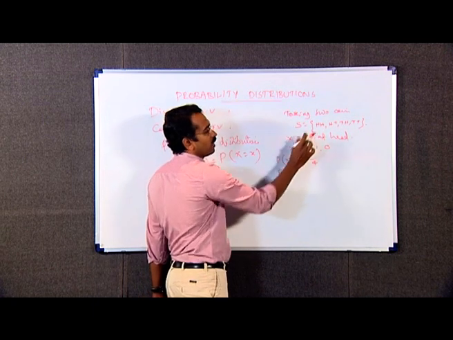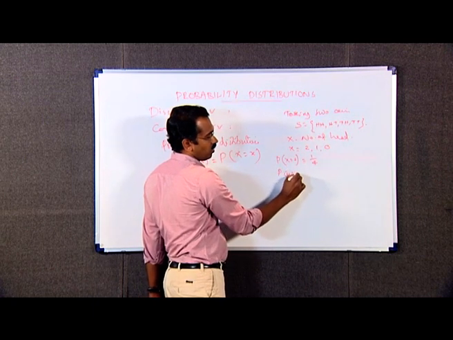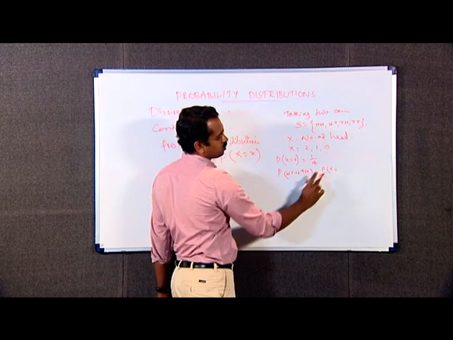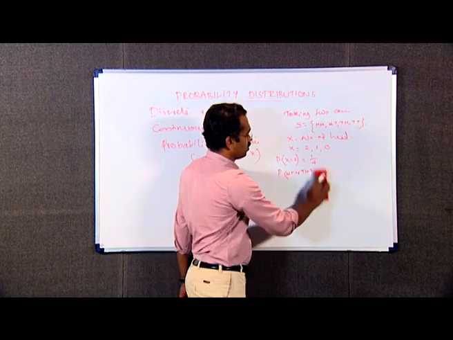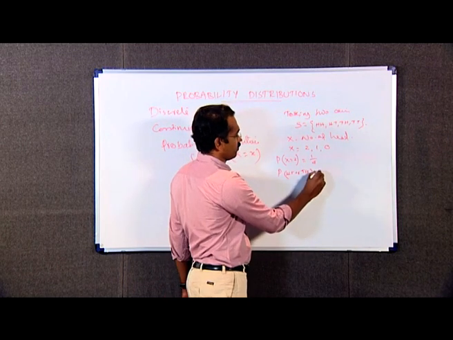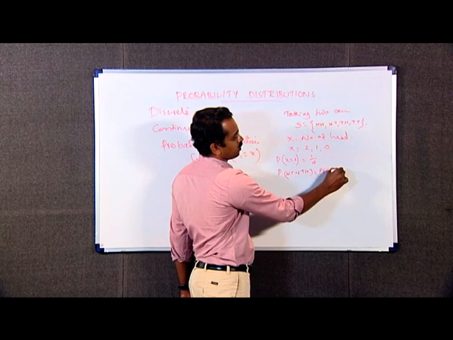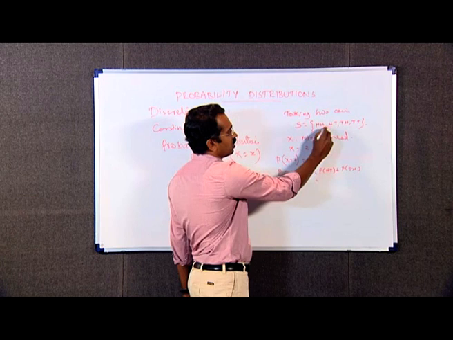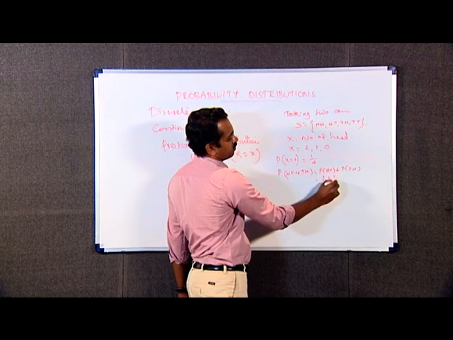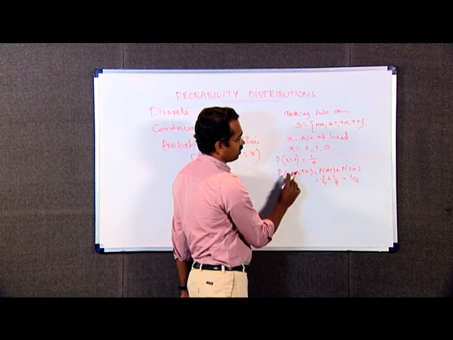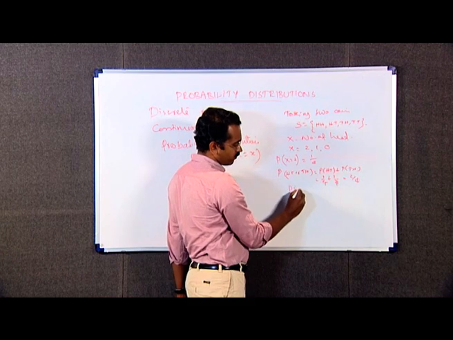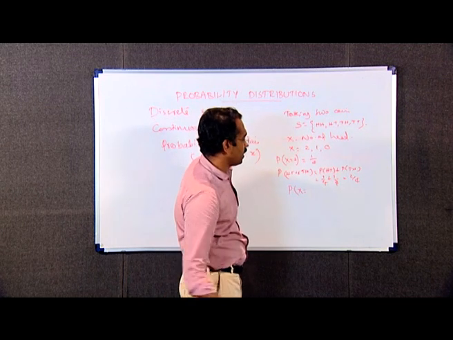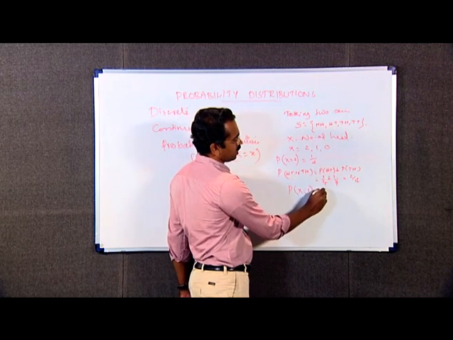The probability of getting one head means HT or TH, that is P of X equal to 1 is equal to probability of HT plus probability of TH, that is 1 by 4 plus 1 by 4, that is 2 by 4. This means P of X equal to 1 is 2 by 4.